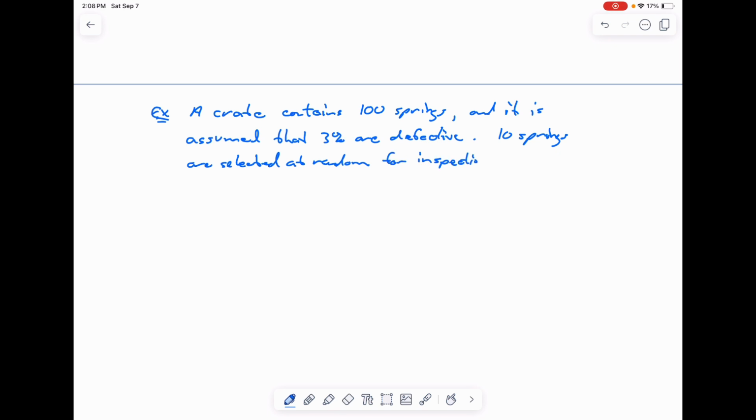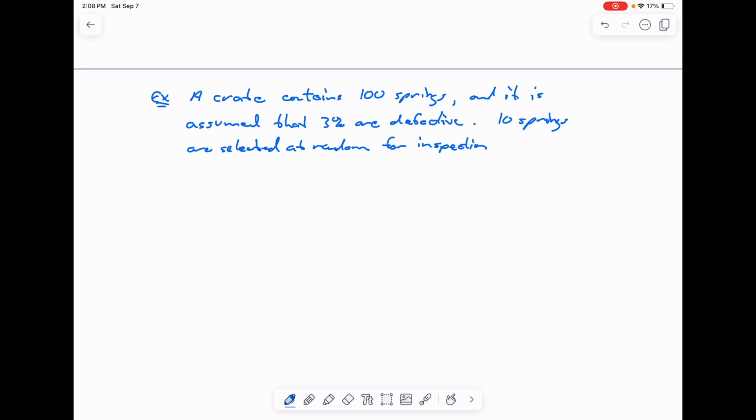And what we want to find is the probability that all 10 are not defective.